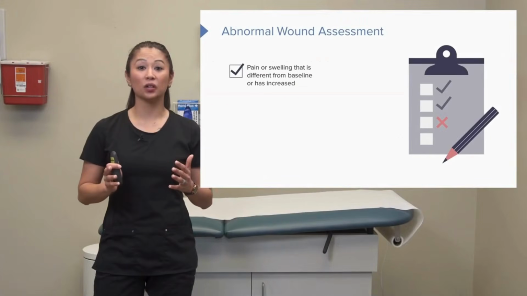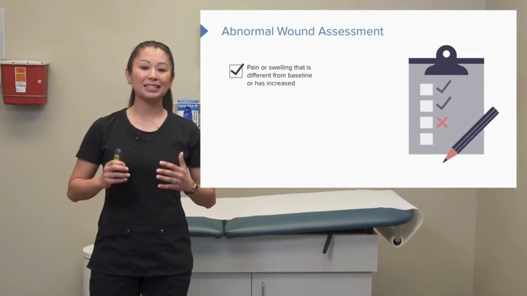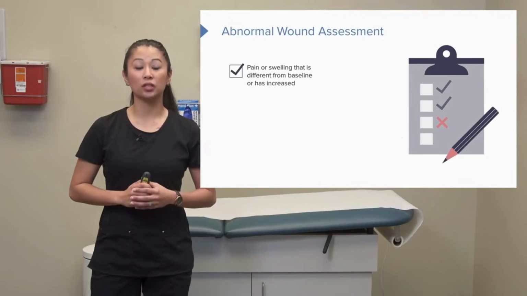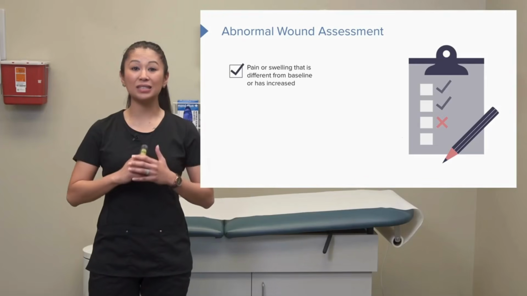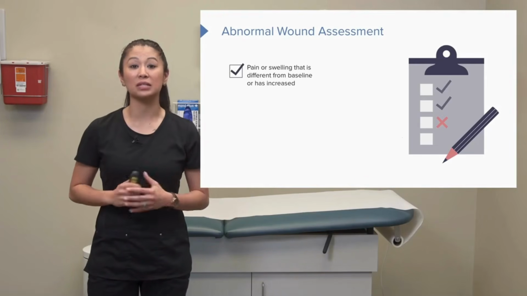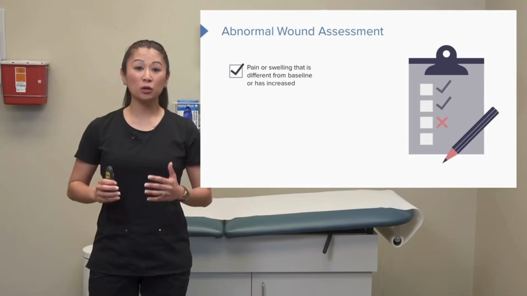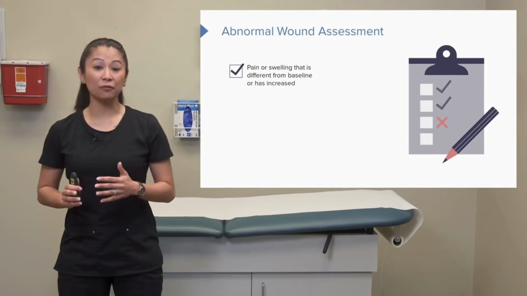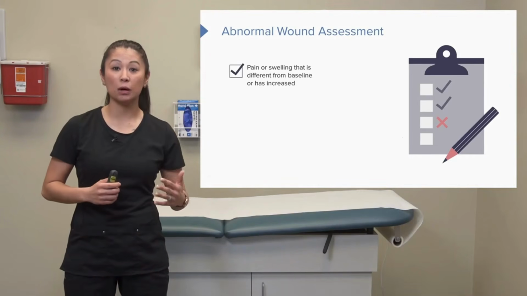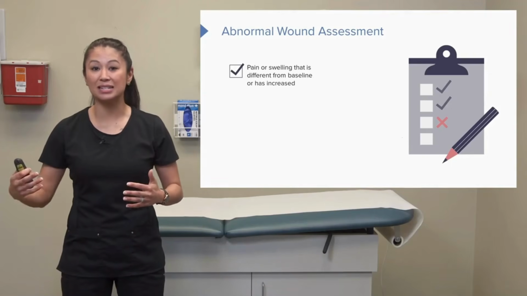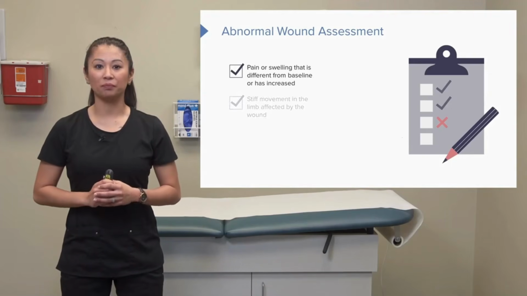Now, let's take a look at these bullets here. This is some abnormal other key points to know about your wound assessment. If you see any of these things, this could be a particular issue. So if there's pain or swelling that's different from when you first assessed that wound, and it's getting increasingly different, that could be a problem.